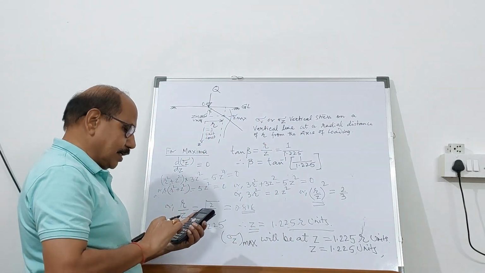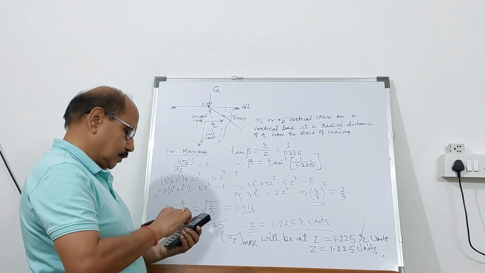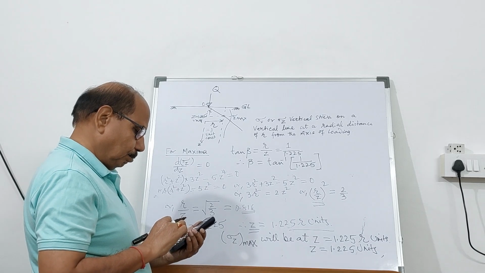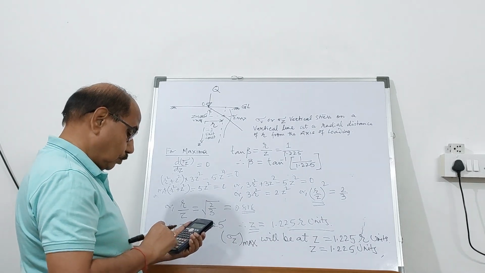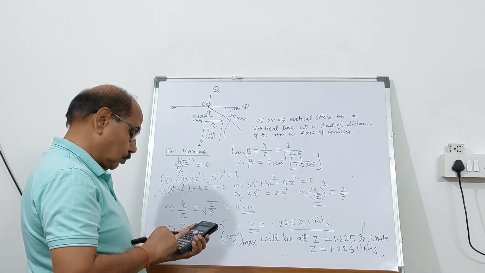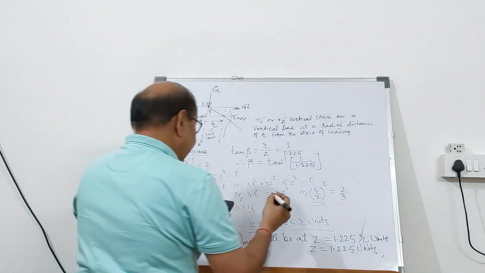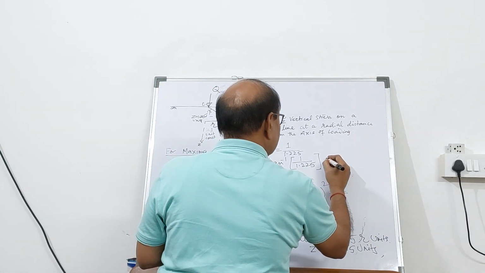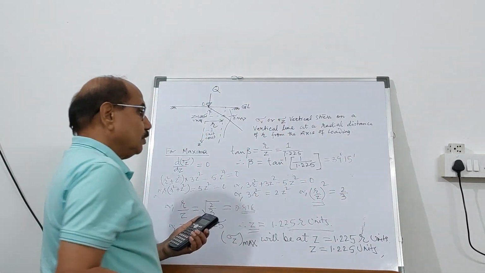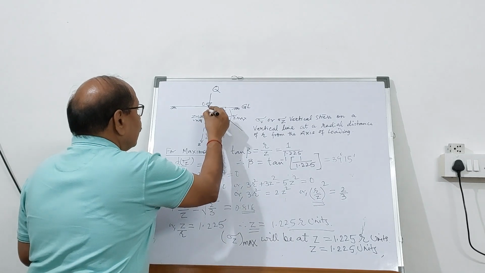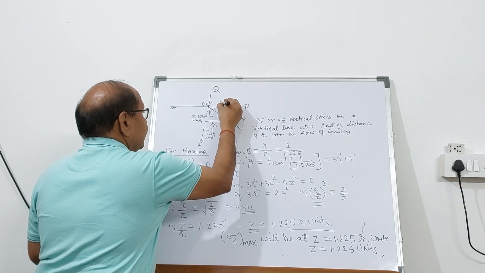So if you calculate this, tan inverse, it is giving you approximately 39 degree 15 minutes. So this is the value of beta.